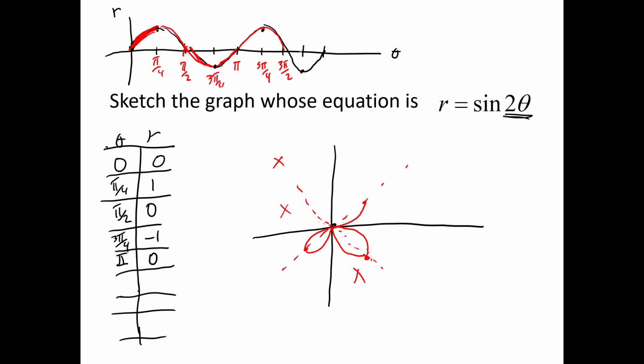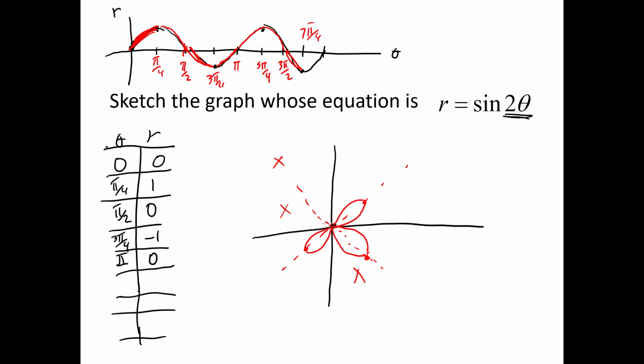3 pi over 2, 6 pi over 4, 7 pi over 4. But from 3 pi over 2 to 7 pi over 4, you are not in this quadrant.